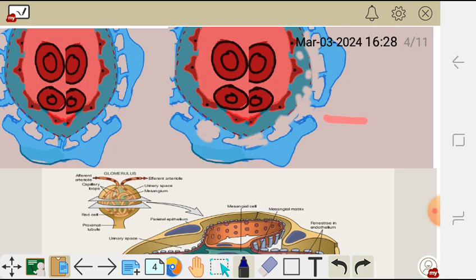Okay, so in minimal change disease, we said we had what we call effacement of foot processes. That was the main change which took place. So we have this normal glomerulus, which has the endothelial cells which line the blood vessel.